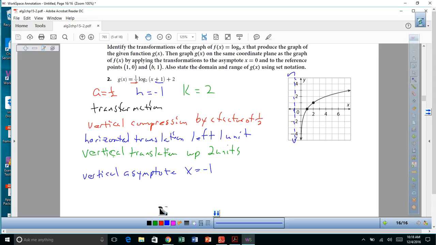And then we had that point 1, 0, and that's going to be 1 minus 1, and that's going to be 1/2 times 0, and then plus k, or plus 2.